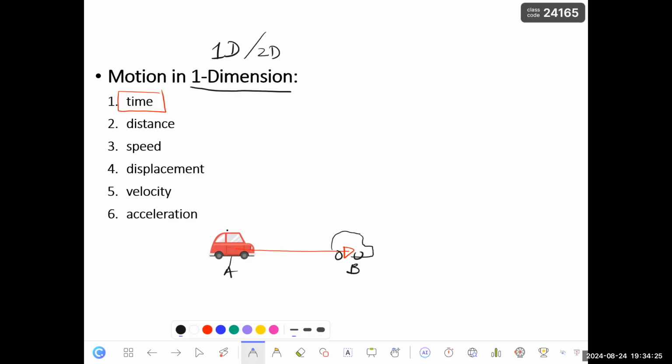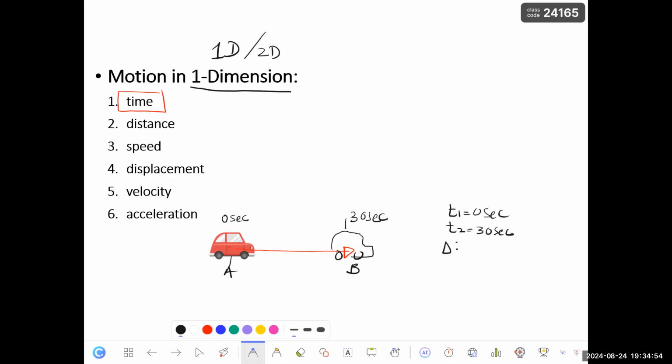Let's suppose you have a stopwatch in your hand and you measure when the car actually started here, the time was 0 seconds. And when the car reaches point B, the time on the stopwatch is maybe 30 seconds. So you can say it took this car T1, 0 seconds, and T2, 30 seconds.